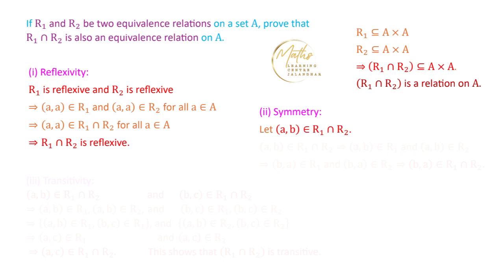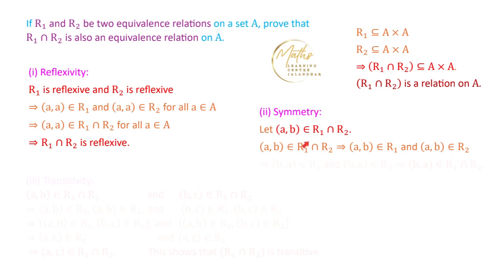Now if a and b are related by this relation, it means that this ordered pair (a, b) belongs to R1, and this ordered pair (a, b) also belongs to R2, because it is present in the intersection of R1 and R2.